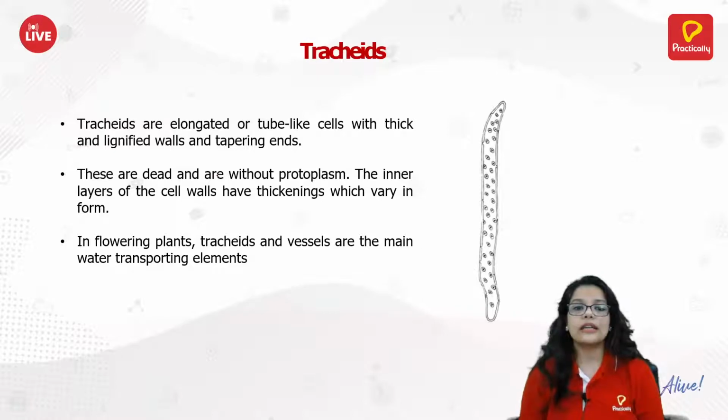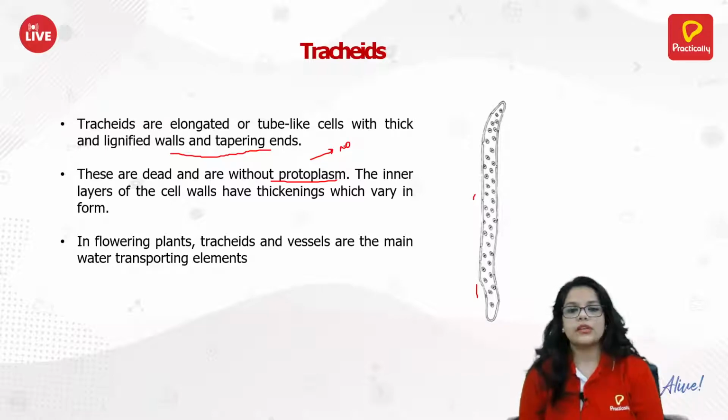Tracheids are elongated tube-like cells with thick lignified cell walls and tapering ends. This is how tracheids look, almost like a worm. These are dead and without protoplasm. No organelles, no nucleus, nothing.